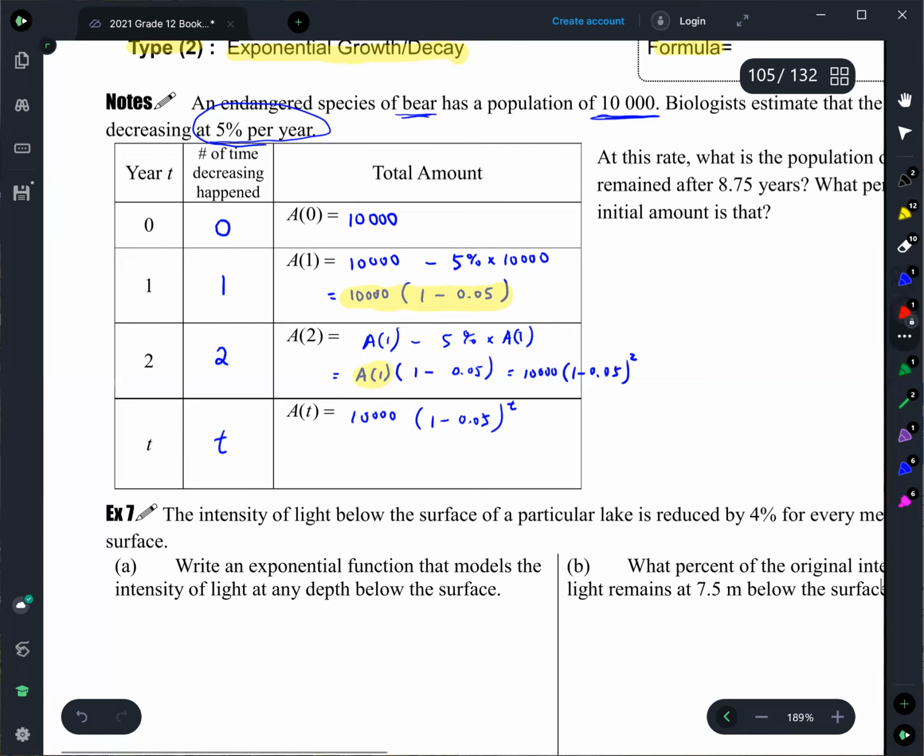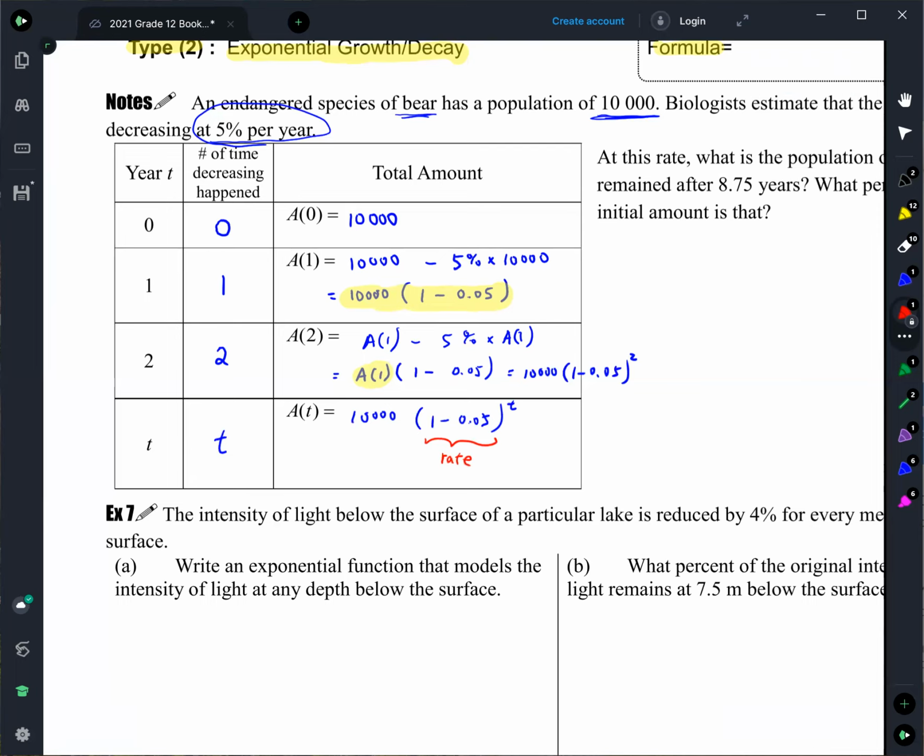So this part, I just called it the rate. Okay? If it's growing, it'll be 1 plus some percentage. If it's decreasing by some percent, it'll be 1 minus the percent. Okay? And then this part is your original, right? 10,000.